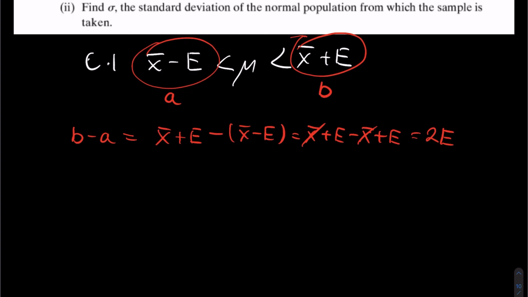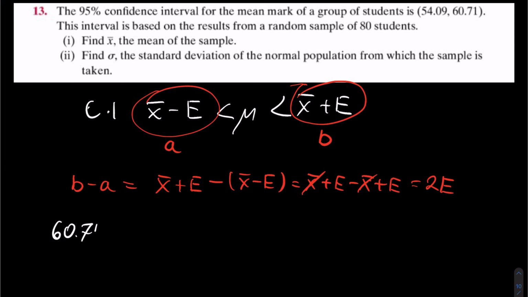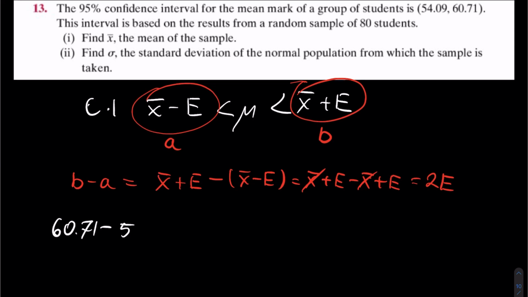So I know that the value of B, the upper endpoint, is given to be 60.71. So 60.71 minus 54.09 equals 6.7.